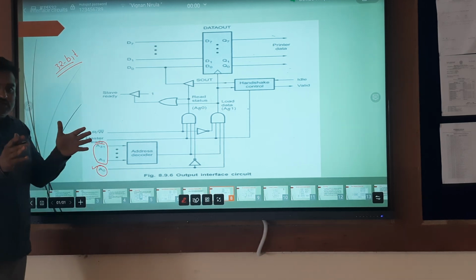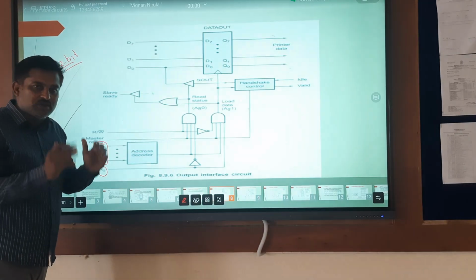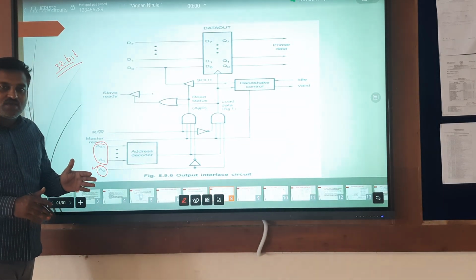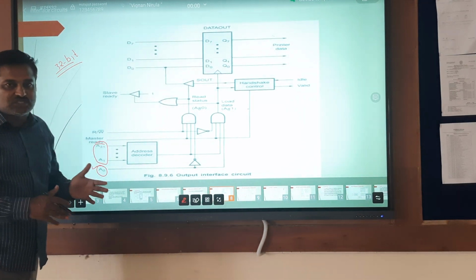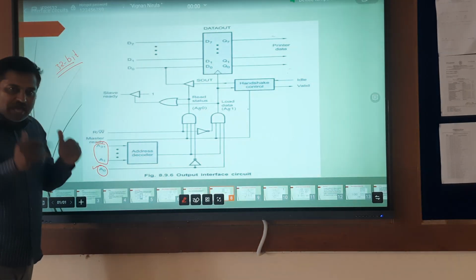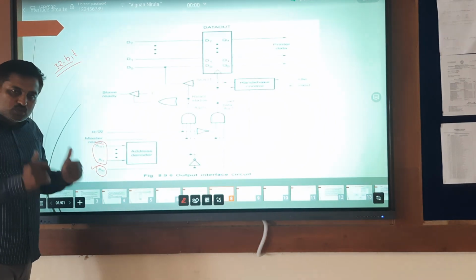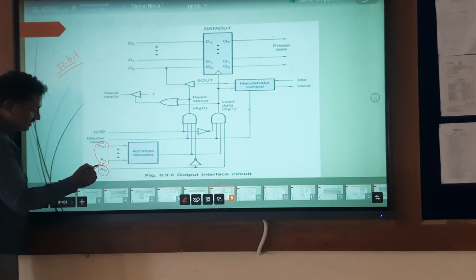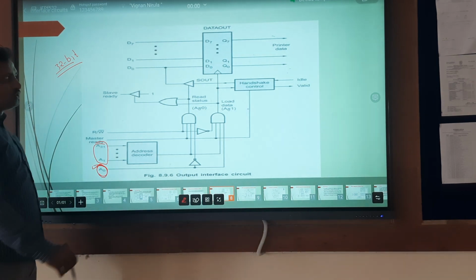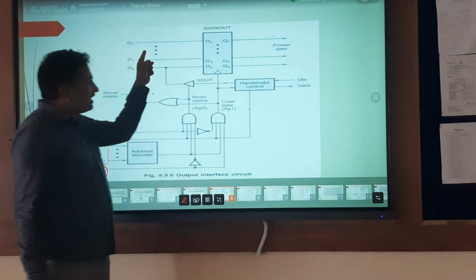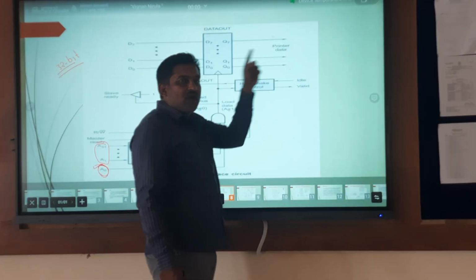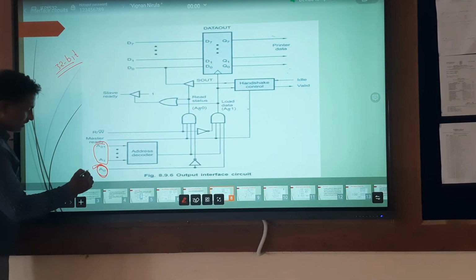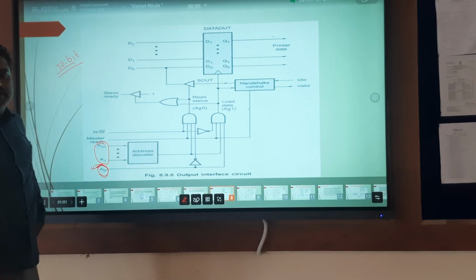Whenever we are performing the output operation, first the processor assigns the address to the slave device. Out of 32 lines, it uses 31 lines for the address, and the A0 address bit identifies whether the data is transferred to the printer or we are going to read the status information.